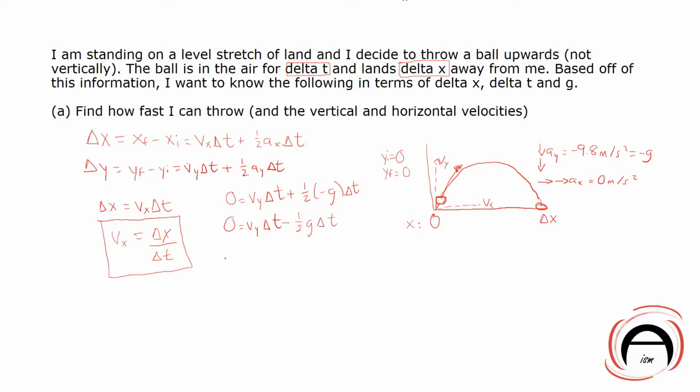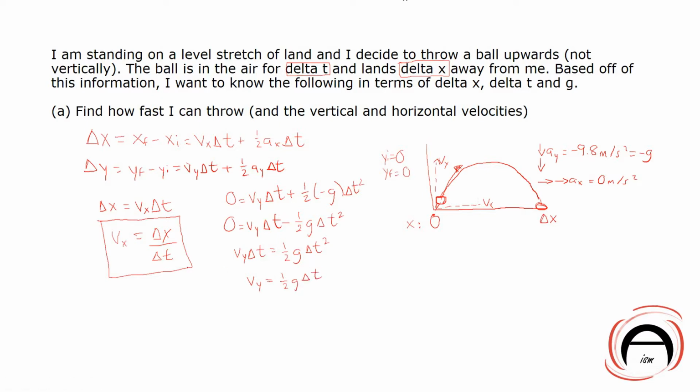So solving, we're going to have negatives on both sides, so we're going to have Vy delta t is equal to 1/2 g delta t squared. Can't forget the squared. So dividing delta t by both sides, we're just going to have Vy is equal to 1/2 g delta t.